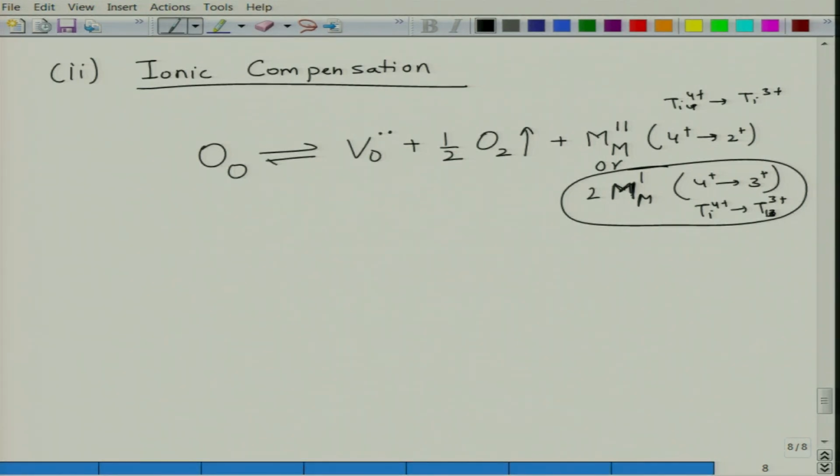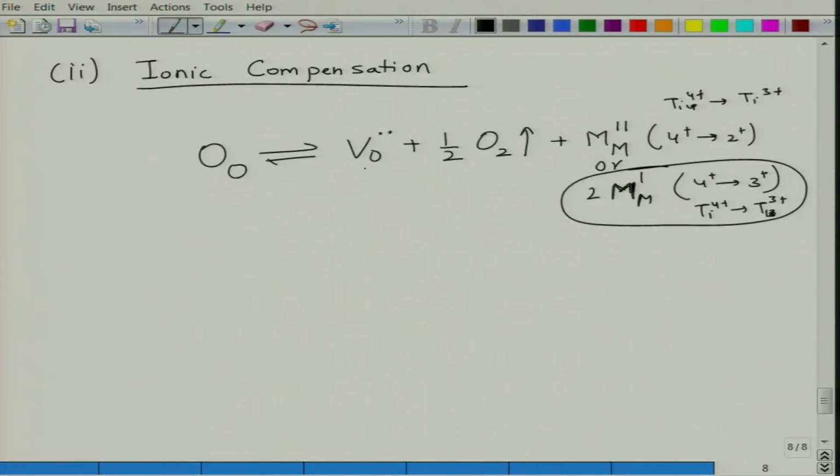As a result, Ti 4 plus to Ti 3 plus is more plausible as compared to Ti 2 plus. So what you form here is a vacancy of oxygen plus the oxygen that goes out, plus two metal sites which are now reduced from higher to lower valence to accommodate the charge imbalance that is created. This is called ionic compensation.